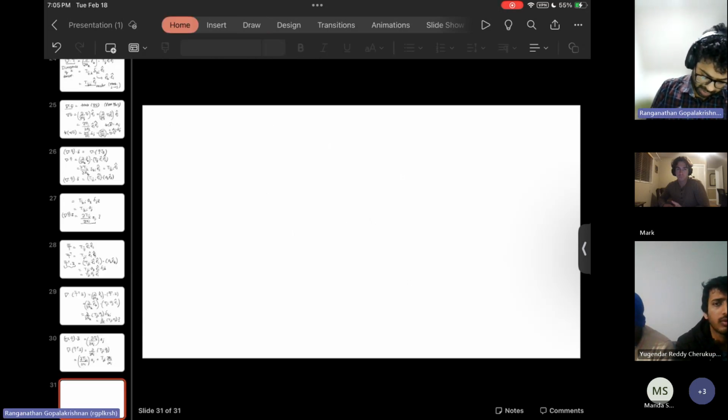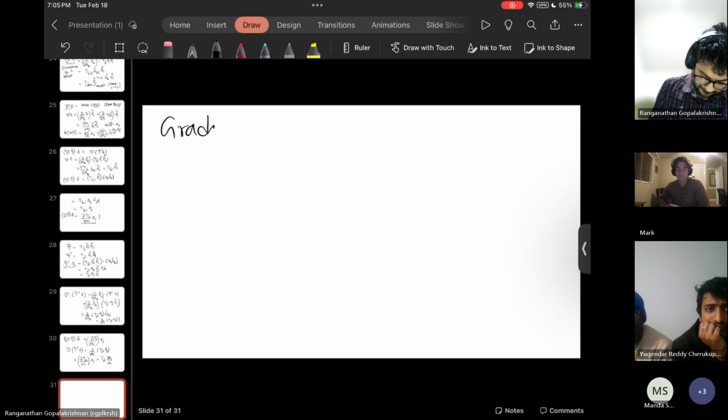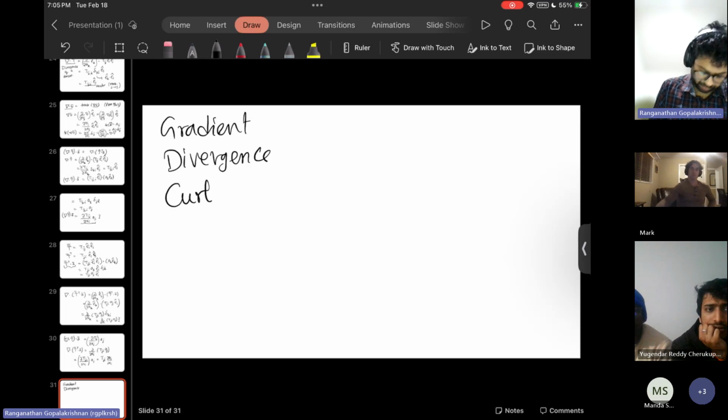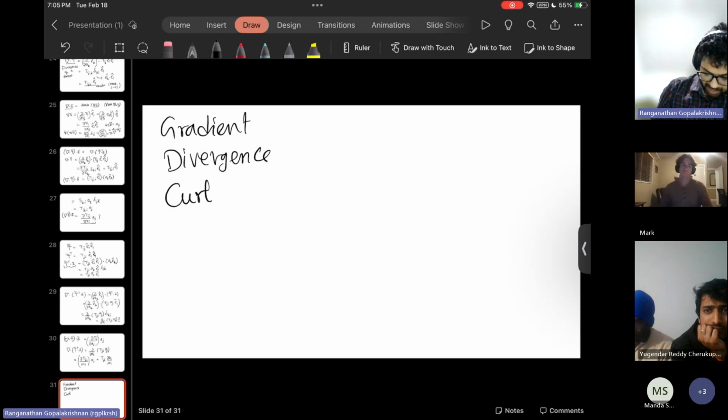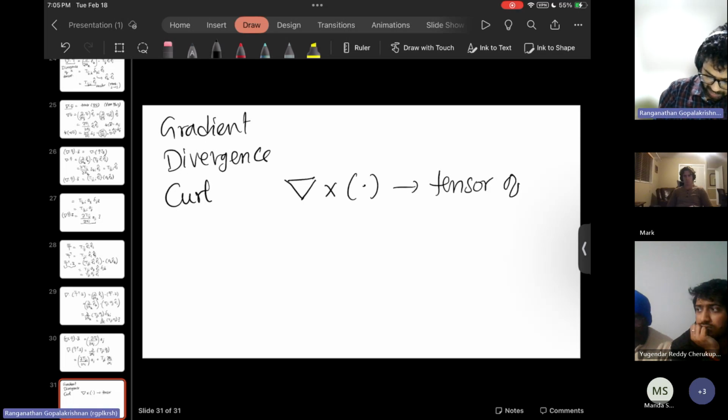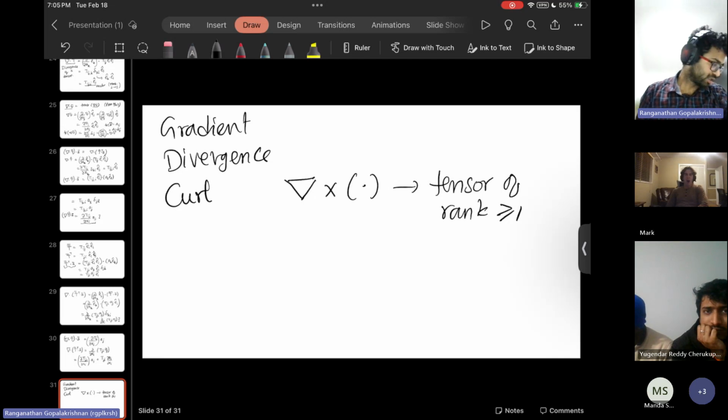So we talked about gradient. We talked about divergence. Let's get back to curl. The curl operator is defined as gradient cross something, where that something is usually a tensor of rank greater than or equal to 1. So it can be a vector or tensor or a higher order tensor.